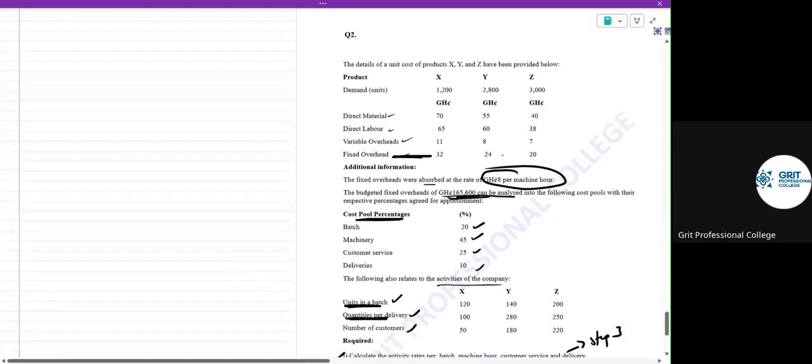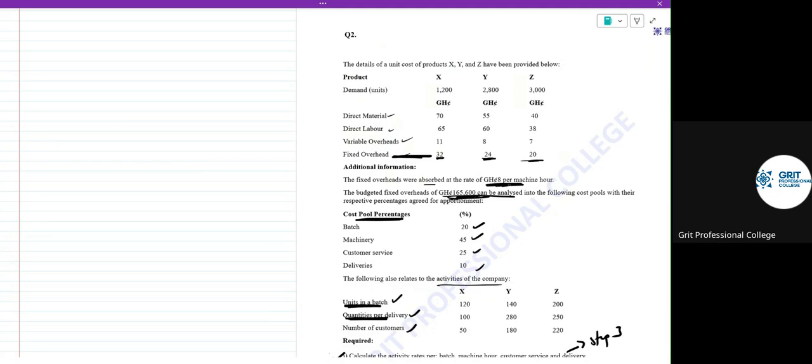It does appear that in arriving at these fixed costs, we have this rate, this OAR. So we have to multiply some hours per unit by the 8 to get the 32, 24, and 20.